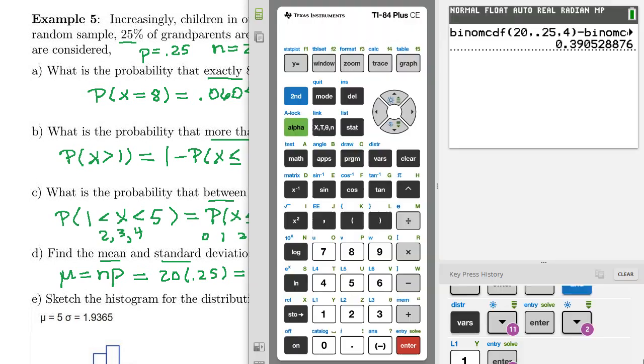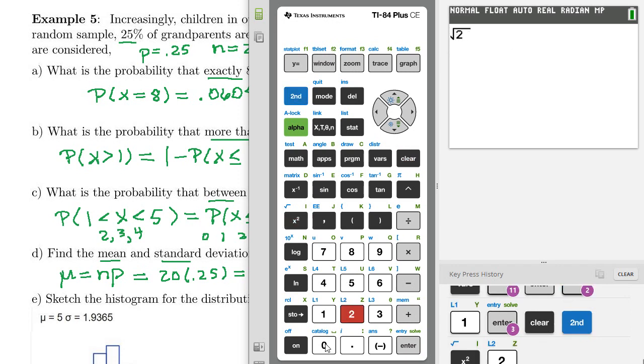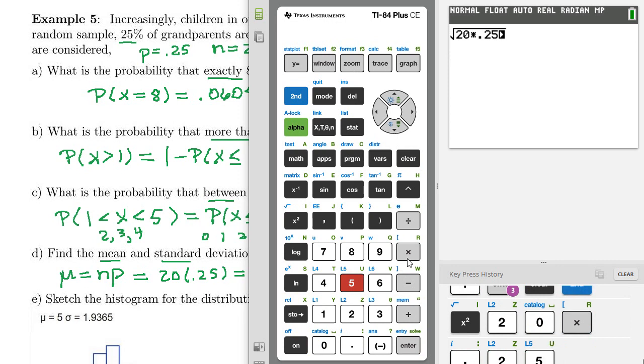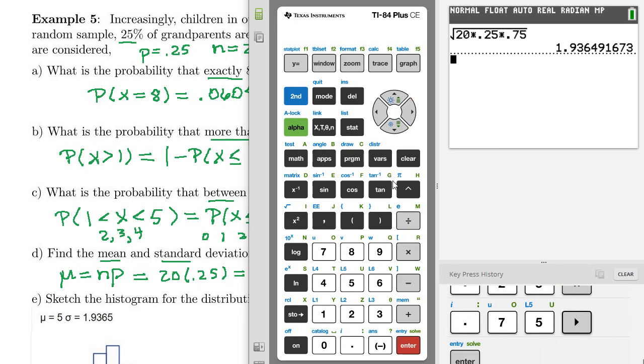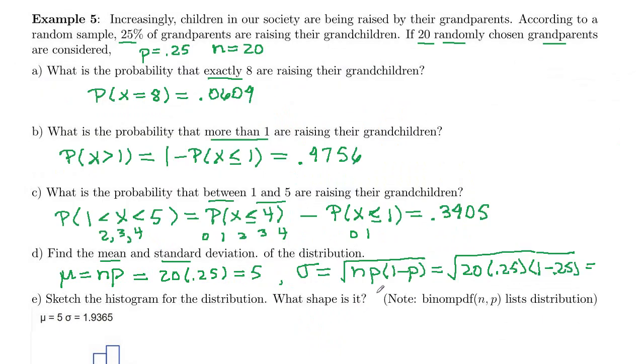Let's compute that: the square root of 20 times 0.25 times 0.75 is 1.94 to 2 decimal places. So we've got our mean. Out of those 20 sets of grandparents, on average, we'd expect to see 5 sets raising their grandchildren. And remember, standard deviation is the measure of the variability.